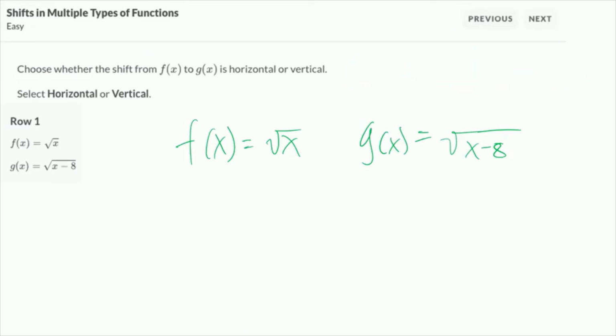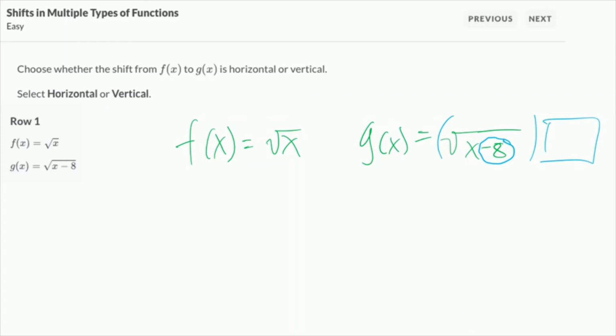Choose whether the shift from f of x to g of x is horizontal or vertical. Row 1: f of x equals the square root of x, g of x equals the square root of x minus a. Notice how the change is happening inside the radical and not outside the radical. Nothing's added or subtracted outside the radical.